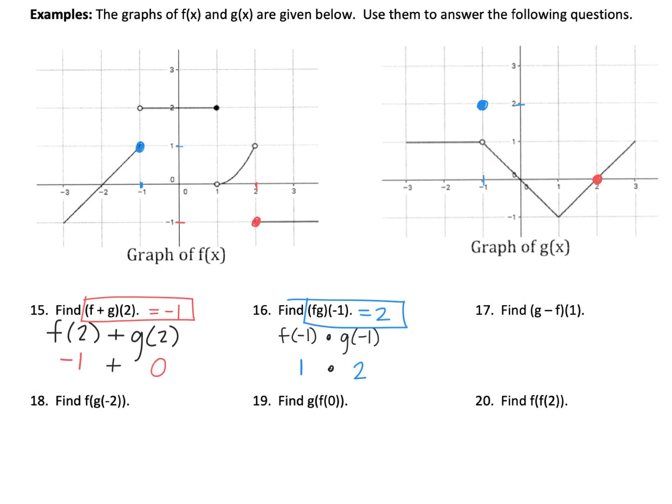Okay, and then the last one like that. Let's split it up. I'm doing g of 1 minus f of 1. Okay, so let's first figure out g of 1. I'll do it in green. G of 1 is here, which is like bright green. Wow, -1. That's like very light green, sorry.